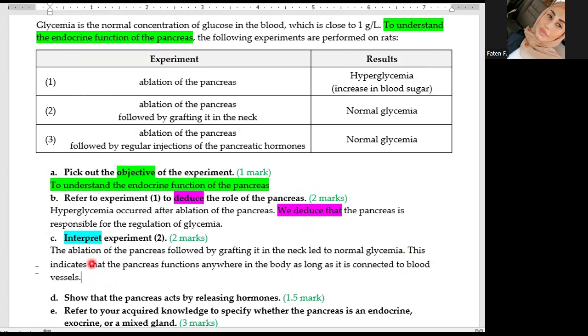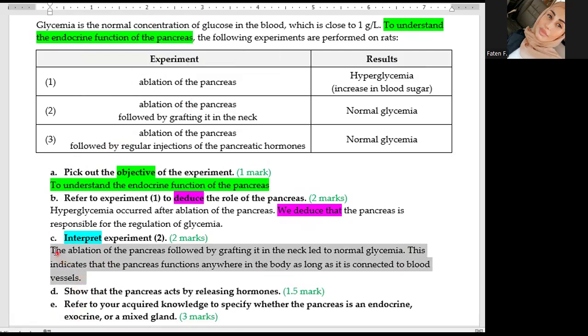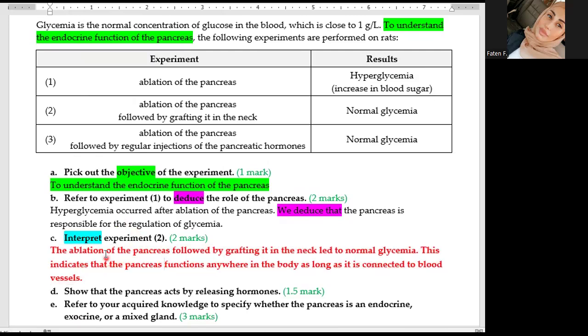And we did the grafting, so we connected it back to blood vessels. It worked normally. So it doesn't matter where the pancreas is in the body. However, it must be connected to the blood for it to function normally.